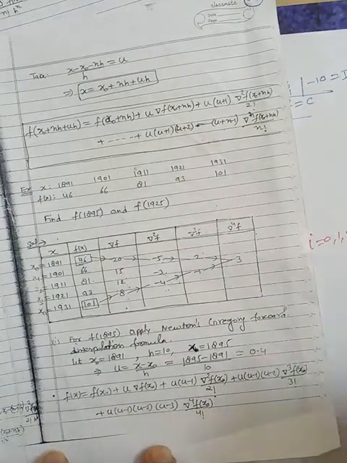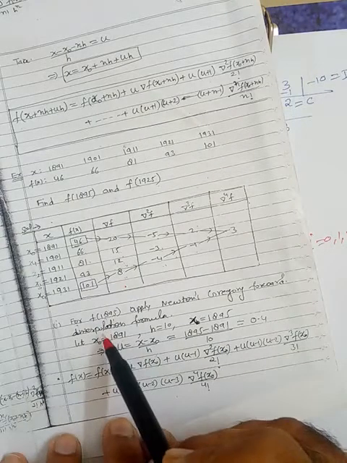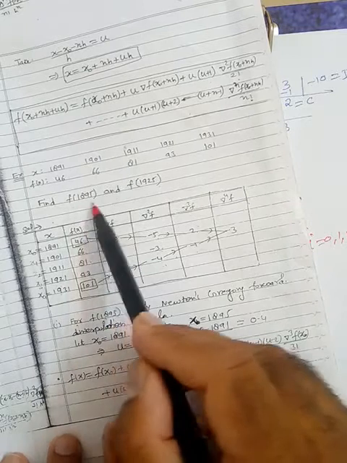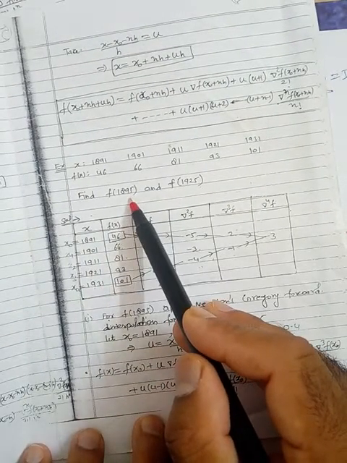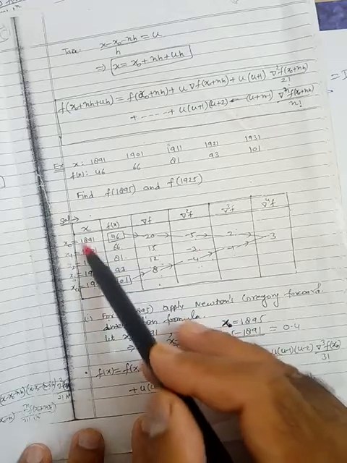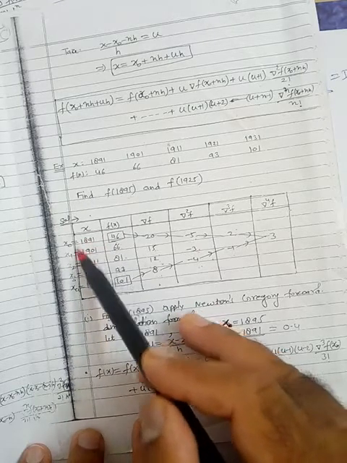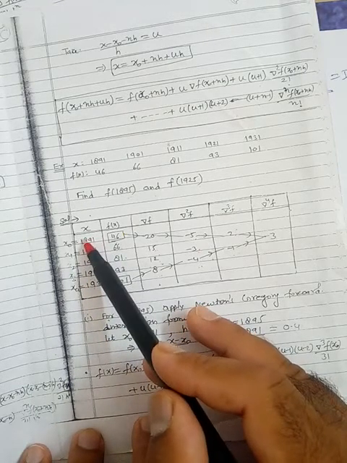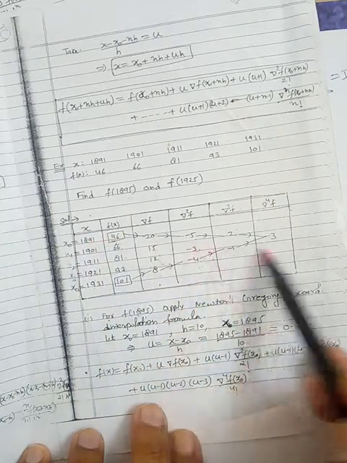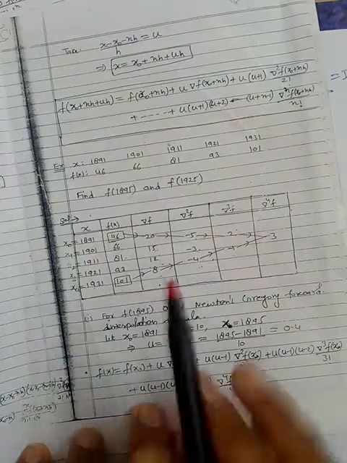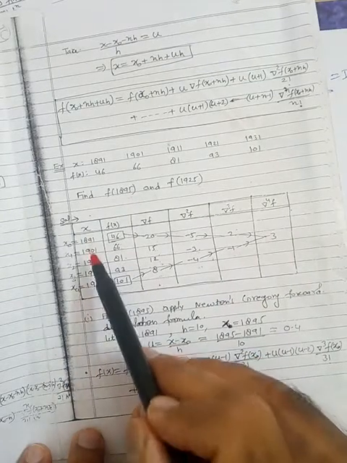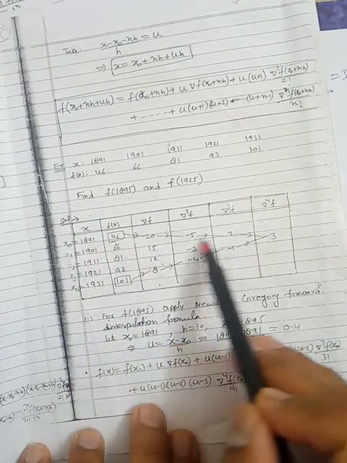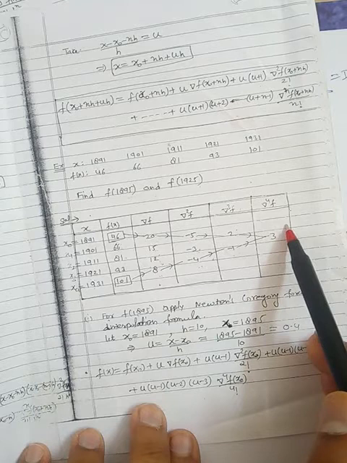Fine. Now, since our target is to find out this value, and you can see in this table, this value 1895 is nearby the top of the table. So we will utilize the forward difference operator, because our target is not only to find out the value, but also to cover up the maximum number of columns.